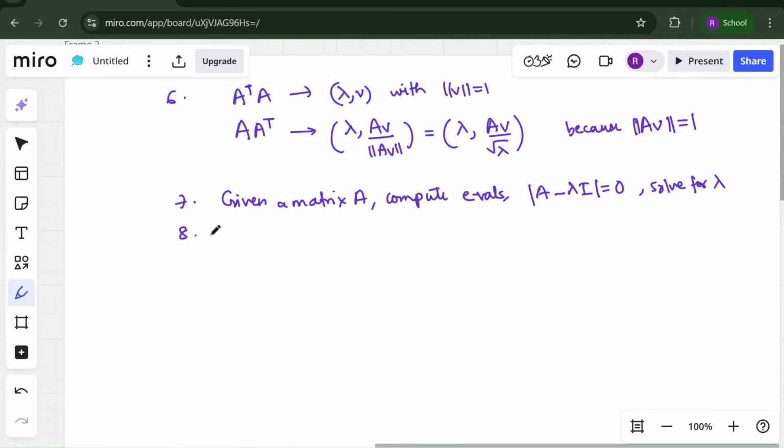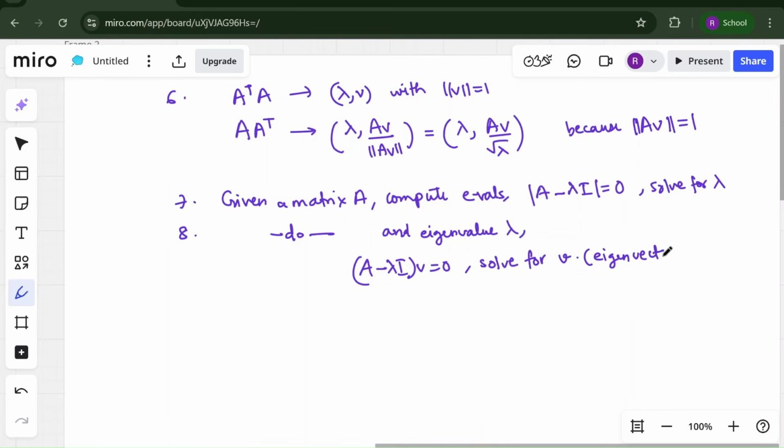Also, given a matrix A and eigenvalue lambda, you must be able to compute the eigenvectors corresponding to that eigenvalue. You will have to do A minus lambda I times v equal to 0 and then solve for v. That is how you will compute eigenvectors corresponding to an eigenvalue. These things are prerequisites. You should know all this.